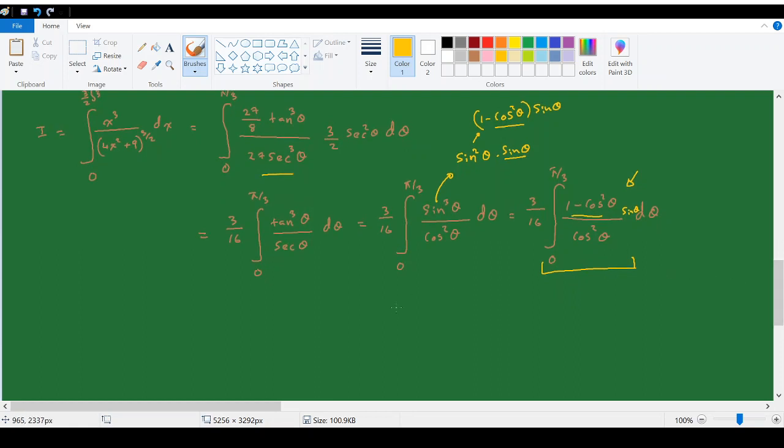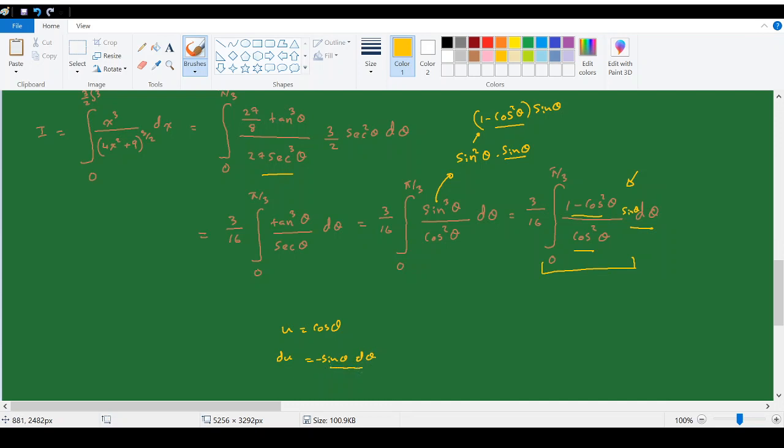Now when you have this sort of a format, I think we did it even in calculus 1. When you have a sine theta d theta term and a cos theta term, if we substitute u equals cos theta, then within the usual method of doing this substitution, we will get du equals negative of sine theta d theta, right?